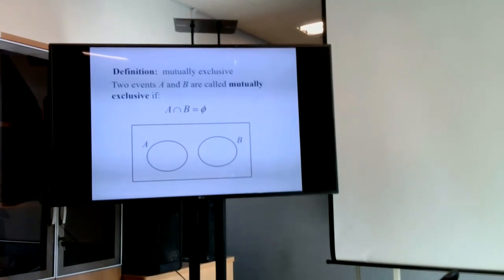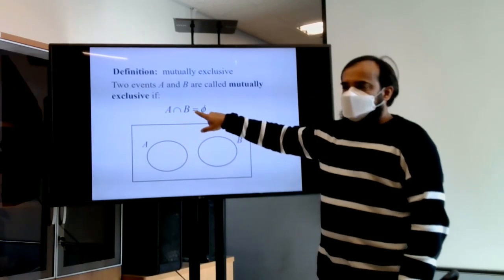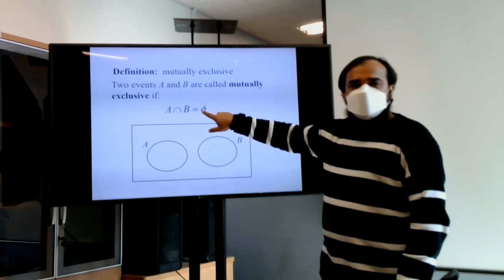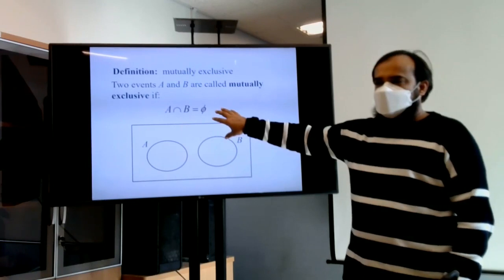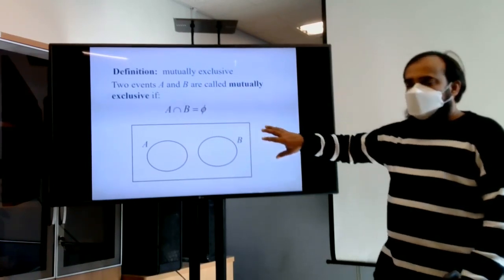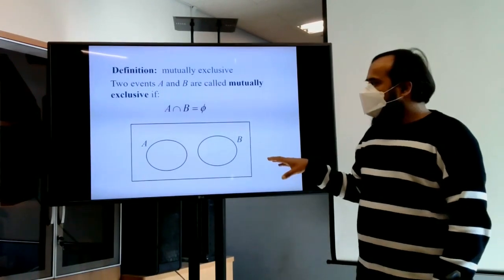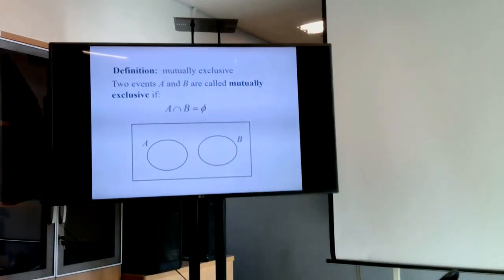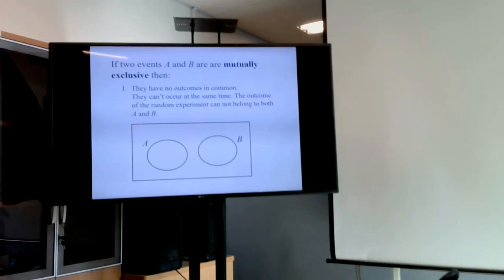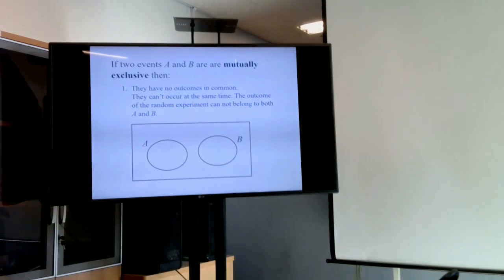That is the reason A intersection B equals phi, not 0, because phi means the empty set. Empty and 0 are different things in statistics theory. So this is the null set; they have no outcome in common and can't occur at the same time. The outcome of the random experiment cannot belong to both A and B.